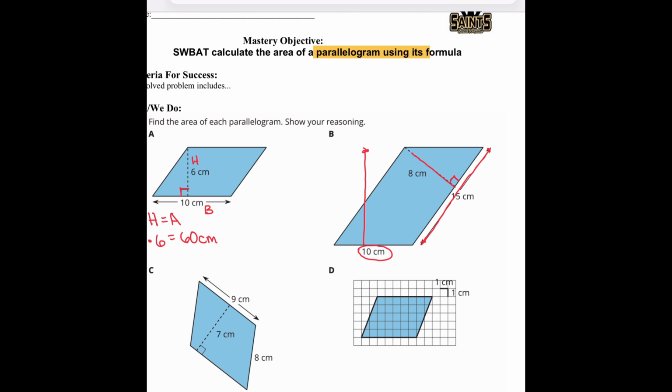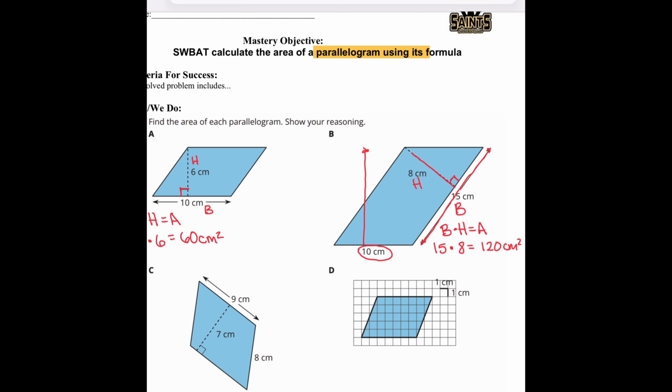So we can say that this is our base and this is our height. We always write our formula first. Base times height equals area. And we know that our base is 15 times our height, which is 8, equals 120 centimeters squared. Oh, I forgot my squared over here.